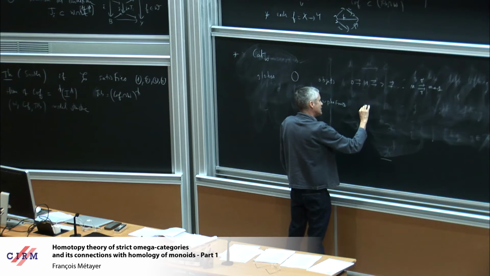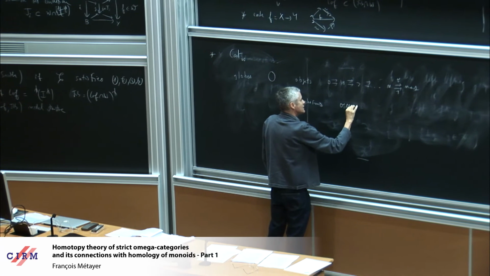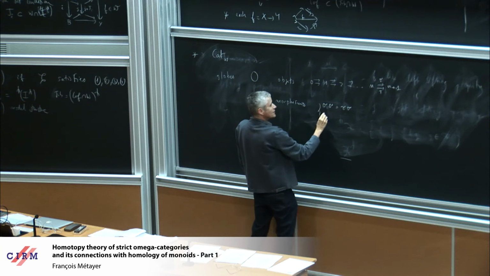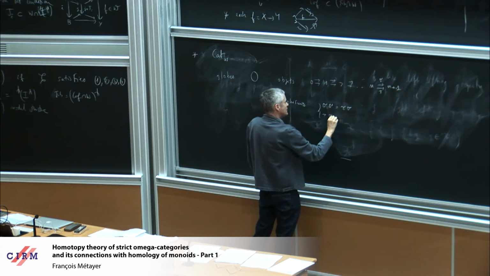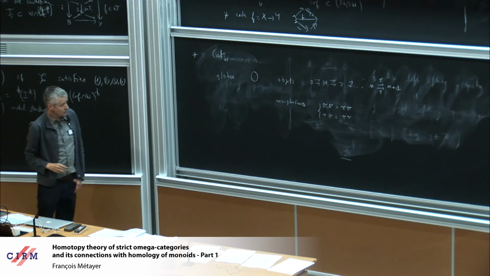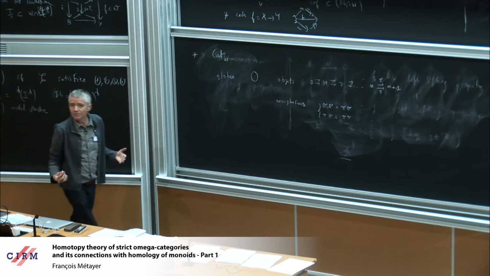You ask sigma equals tau sigma, and tau sigma equals tau. So those are the small globes.